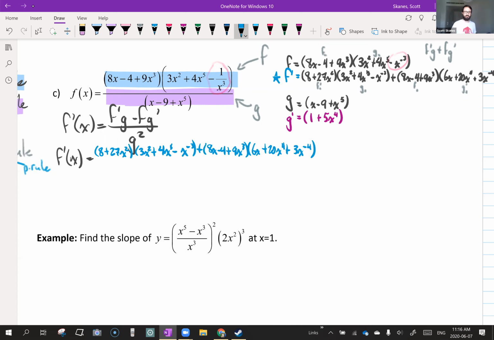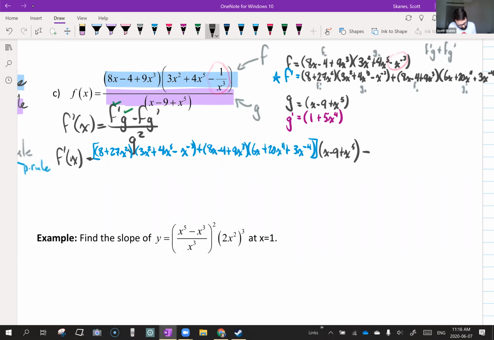That's just f prime. I'm going to use square brackets to separate it. And now I need to multiply it by g, which is the bottom. So I've now done f prime and g.